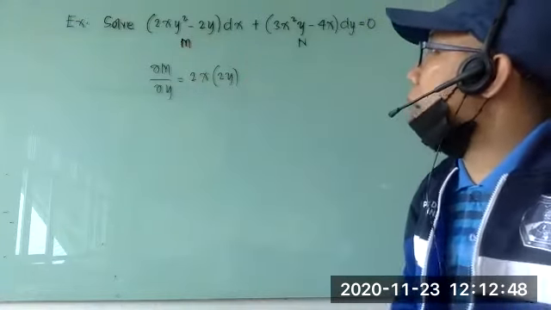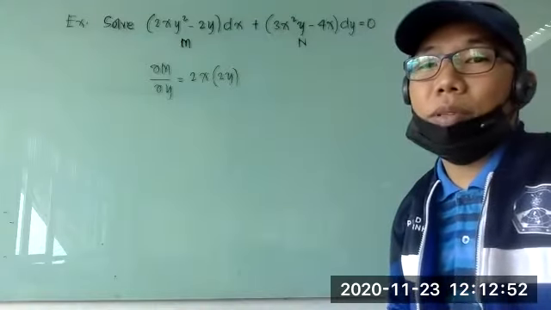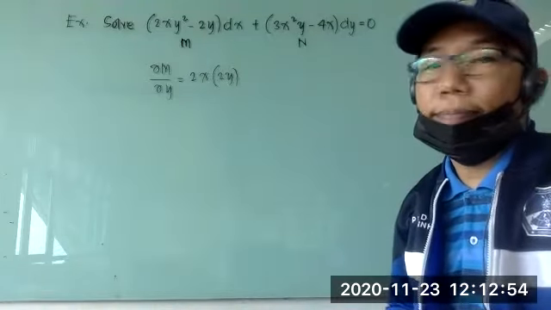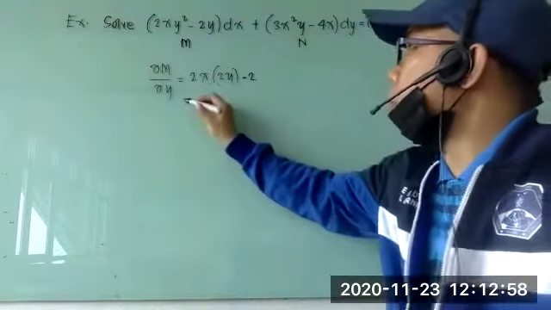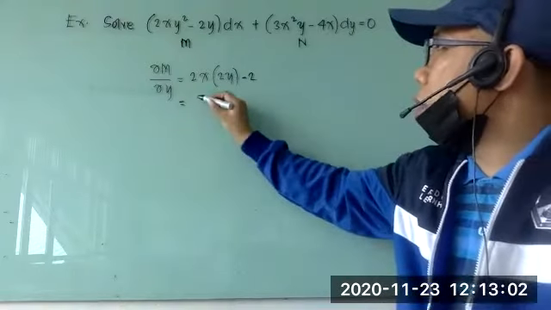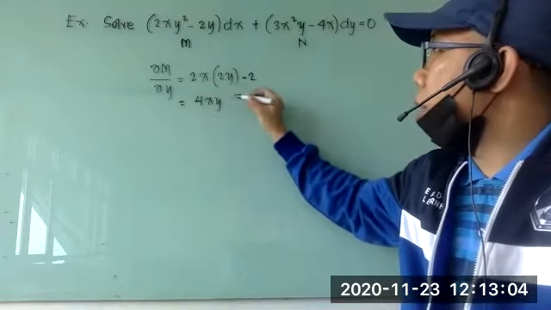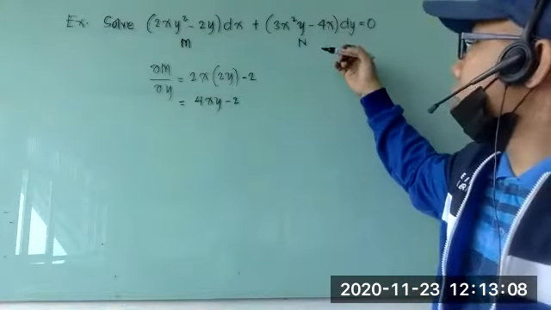For the second term, we have minus 2y. Differentiate with respect to y will give us minus 2. So the partial derivative of m with respect to y is equal to 4xy minus 2.